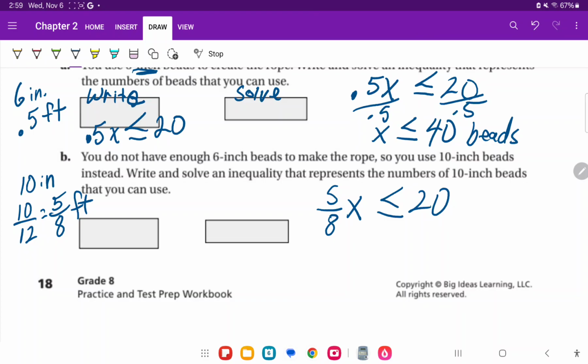Okay, so to solve that, we have to multiply by the reciprocal. Do the same thing over here. I want you to try to finish that all by yourself. I believe in you. You can do this.